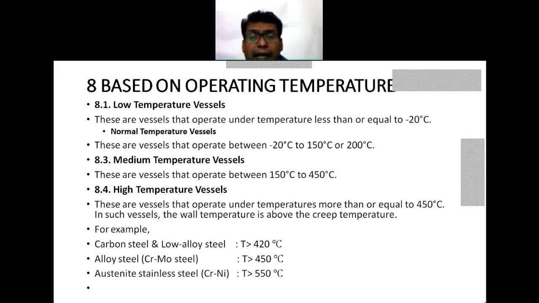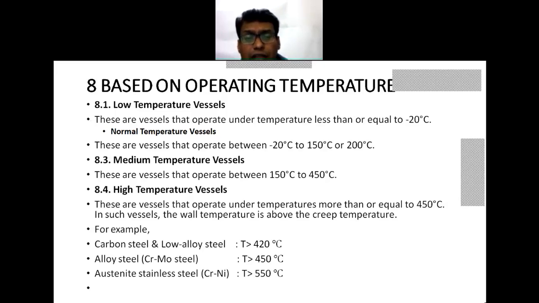Then the high temperature range, which is more than 450 degrees Celsius. It is not specifically or characteristically distinguished, but these are the crude temperature ranges one can say. One can talk about 150 degrees, or 200 degrees Celsius, as the upper limit of the normal temperature range.